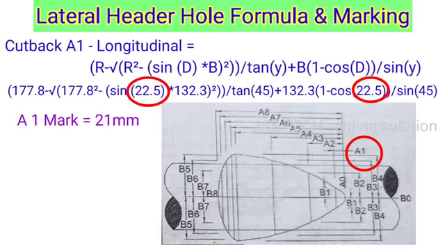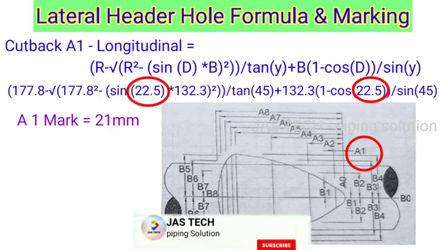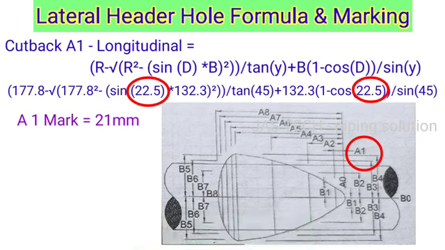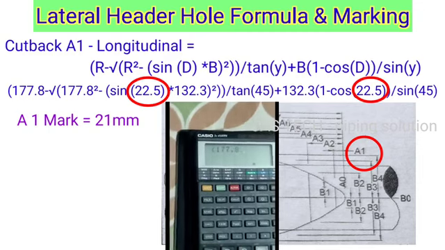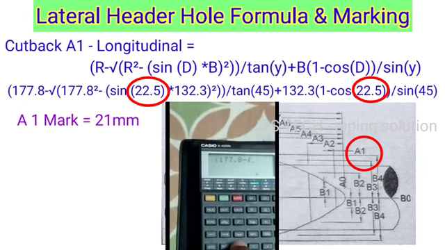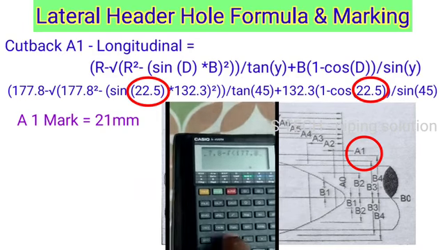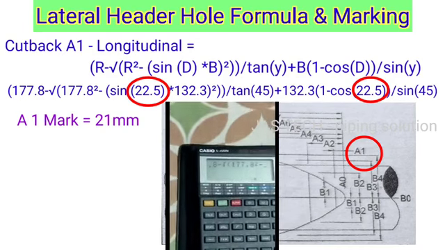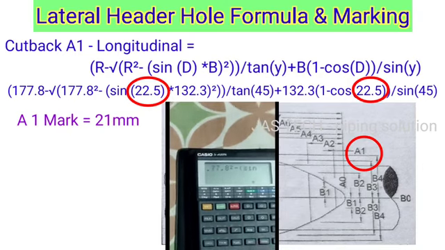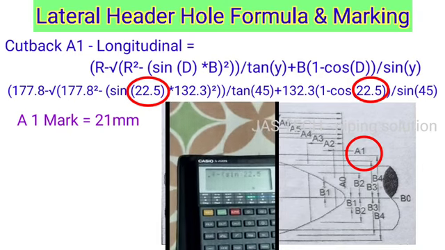Our next formula, lateral header hole for longitudinal side. The formula is: bracket open R minus root of bracket open R squared minus bracket open sin D into B bracket close whole square, double bracket close, divided by tan Y, plus B bracket open 1 minus cos D divided by sin Y. Already we solved the above formula values.